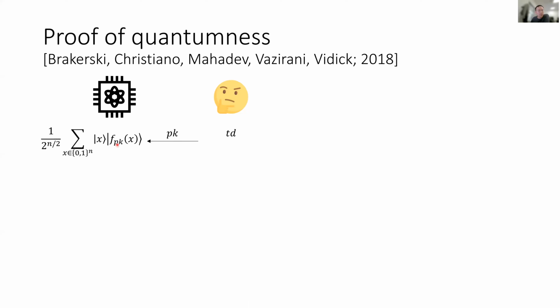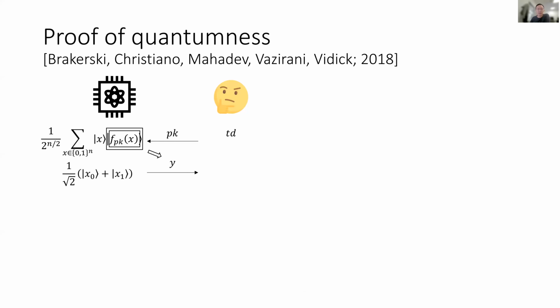And in the end, what he will get is this quantum state. And then he is going to measure the output register of f_pk, which gives him a classical output denoted here by y. And then he is going to send this y to the verifier. So the post-measurement state upon measuring this y, you can show, is exactly an equal superposition of x0 and x1, where x0 and x1 are preimages of y.